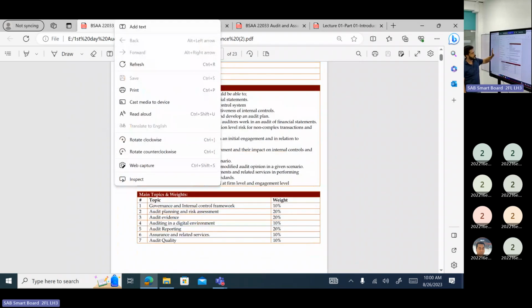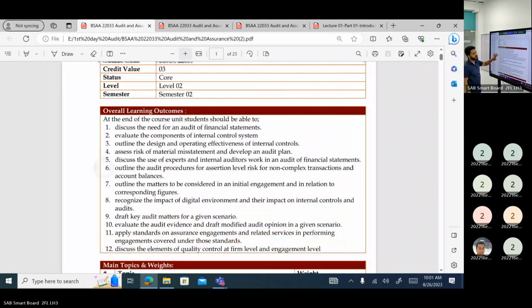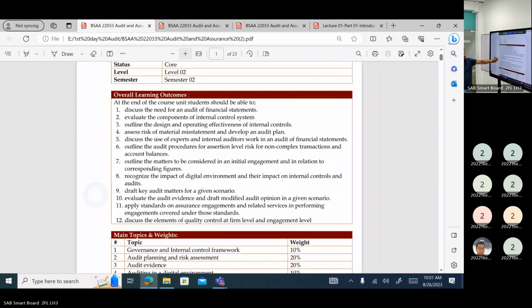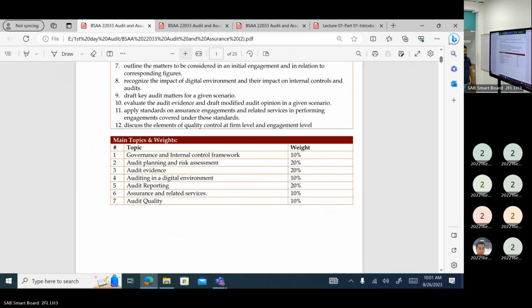So back to the syllabus, right? The audit and assurance subject has been divided into 7 topics.